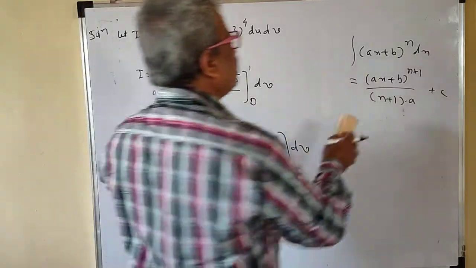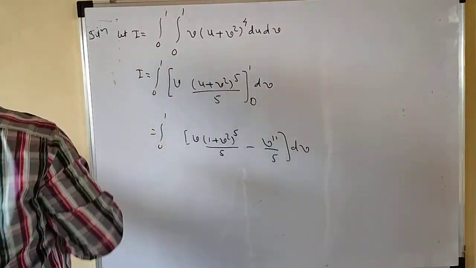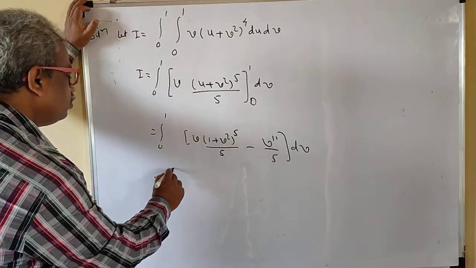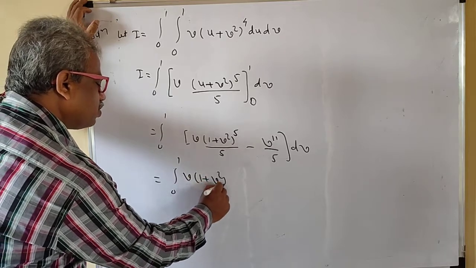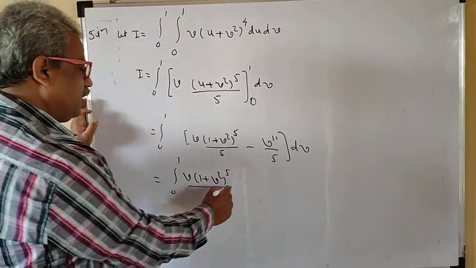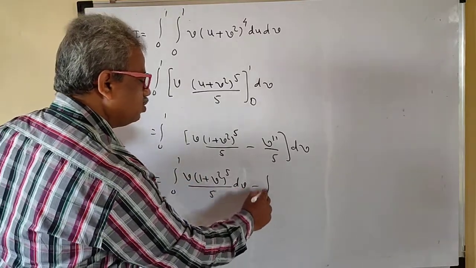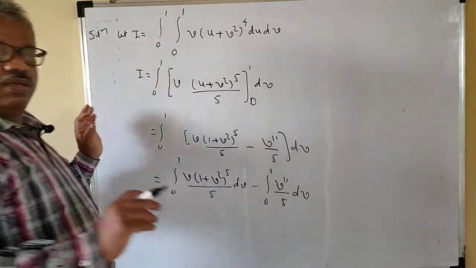So now I can separate this integral: integral 0 to 1 of v (1 plus v square) raised to 5 upon 5, dv, minus integral 0 to 1 of v raised to 11 by 5, dv.